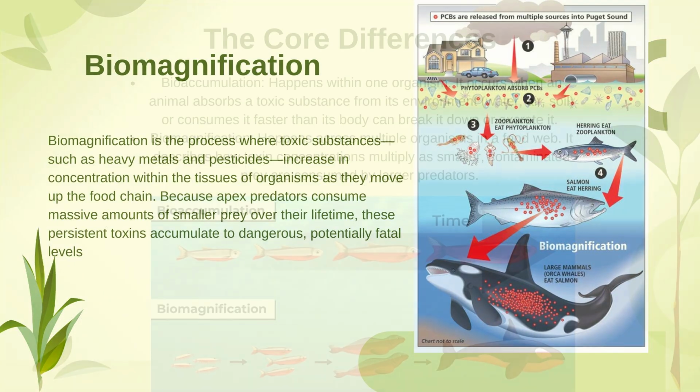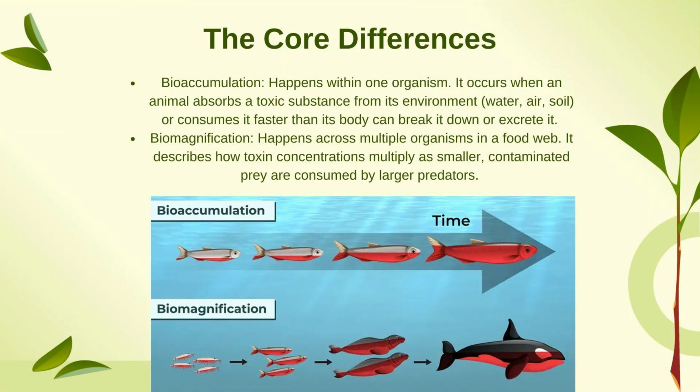What is the difference between bioaccumulation and biomagnification? Bioaccumulation happens in one organism. If a fish eats it, the accumulation of this toxicant increases day by day in that fish only. It occurs when an animal absorbs a toxic substance from the environment or consumes it faster than its body can break it down or excrete it.